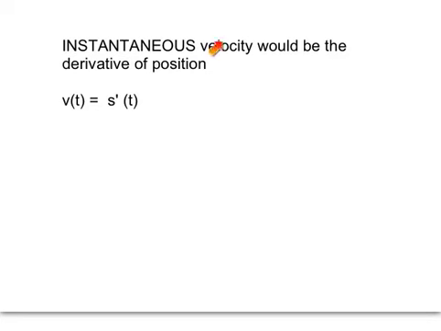Instantaneous rate of change is, at a moment when the camera takes your picture, how fast are you going? That's instantaneous, in an instant. Well, we've already seen that the slope of the tangent line is actually the rate of change at that moment of time. So here is something that you need to memorize.